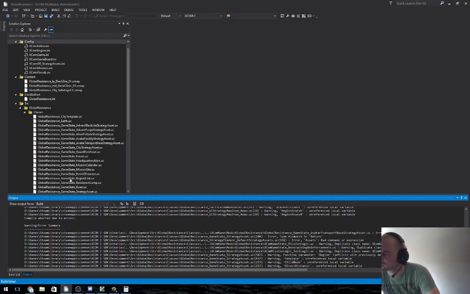Okay, type mismatch in return and assets bad. Game state strategy asset. The actual correct one, and then in default strategy asset it's asset dot structures.